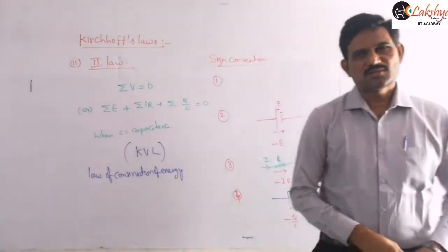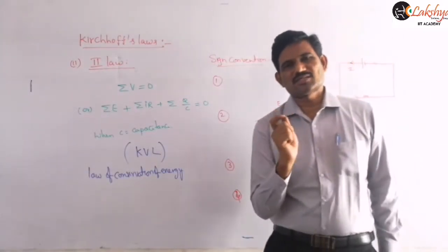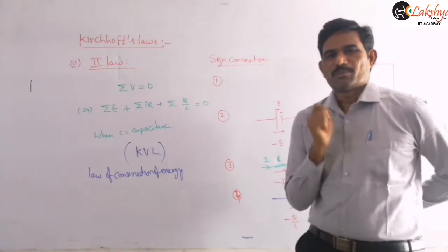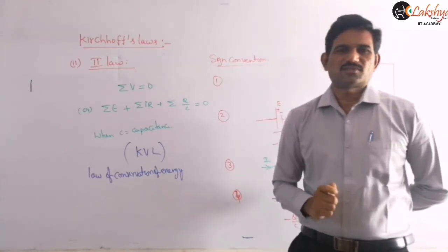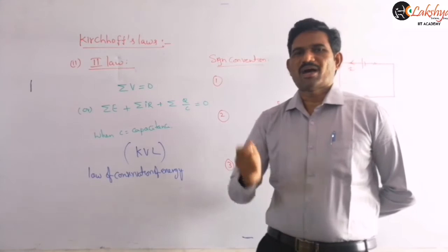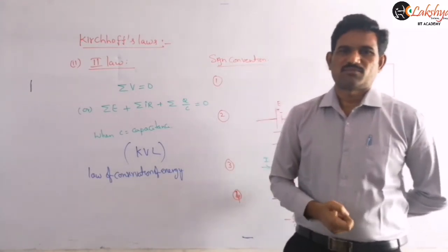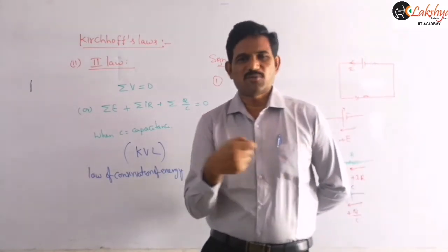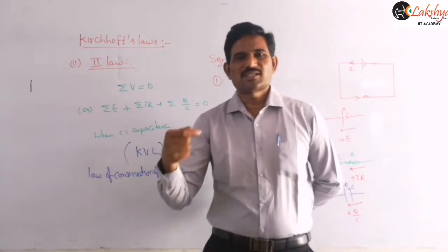So all these three points we can express as a single point. Basically, when you are traveling from high potential to low potential, a potential drop will be there.